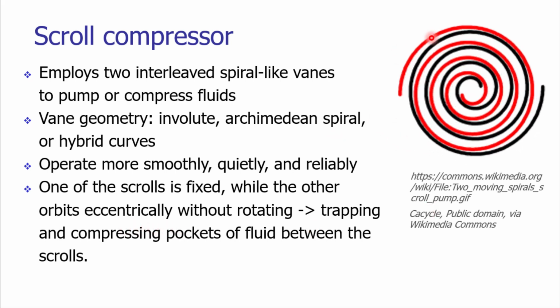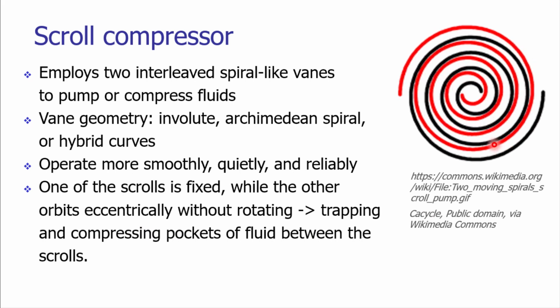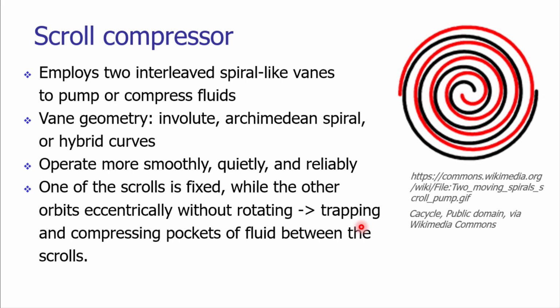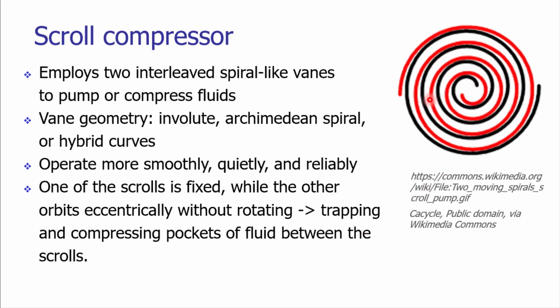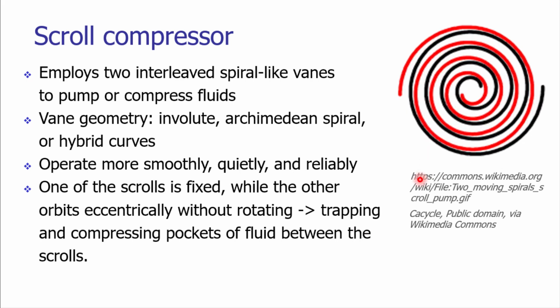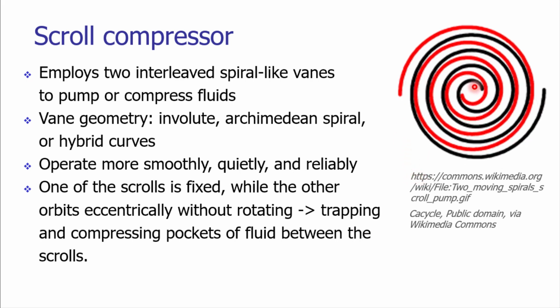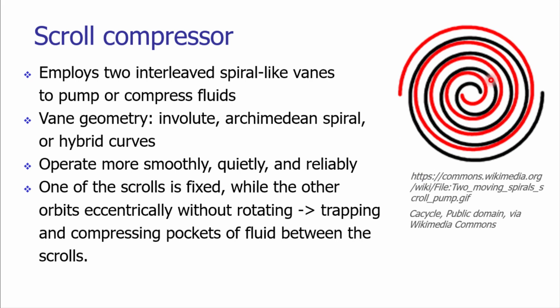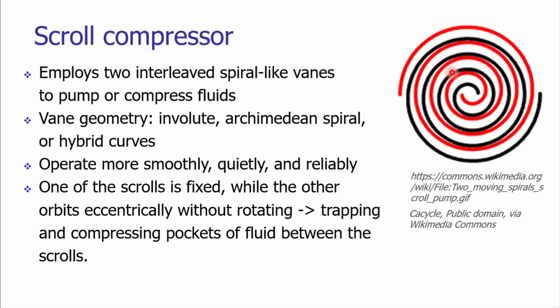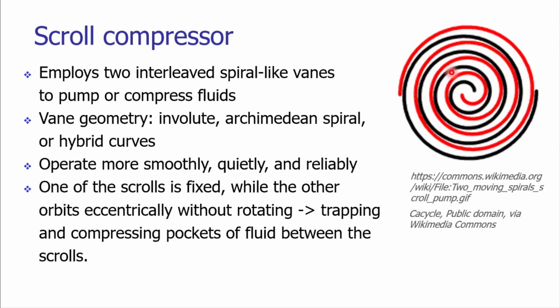Due to this eccentric orbiting, there is generation of variable volume between the fixed scroll and the orbiting scroll. As you can see here, the volume is getting varied and reduced.